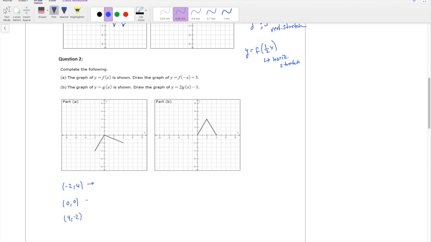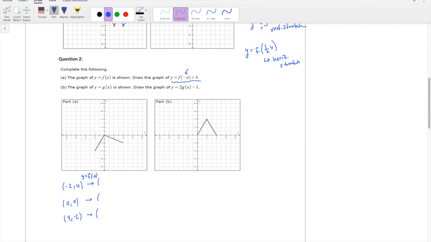Okay, so let's think about what we're going to do. First of all, this is happening to the inside. We always want to deal with this first and do the vertical shift last. So let's think about what y equals f of -x will do.